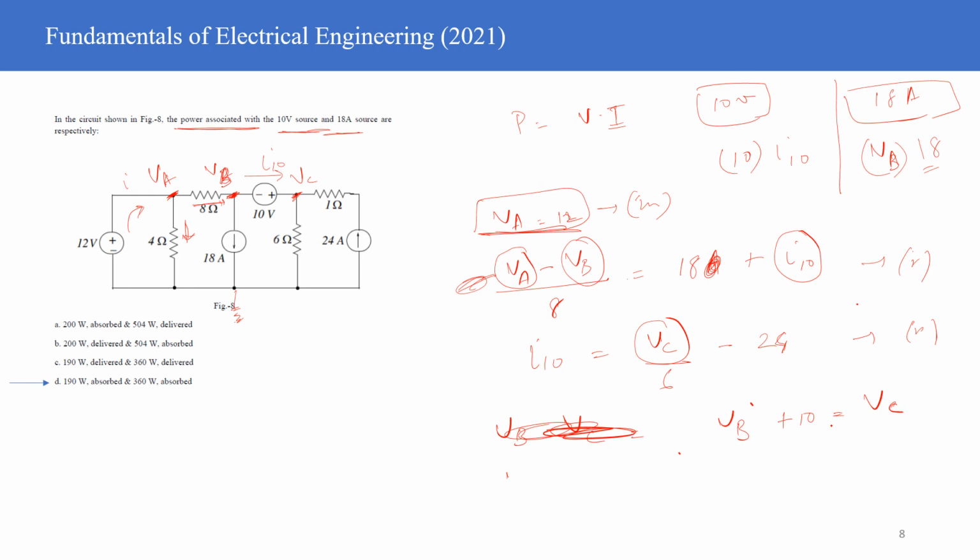So VB minus VC will be equal to minus 10, right? So this gives you equation number 3. So you have three equations, you have three variables, you solve them, you figure out the value of these things.